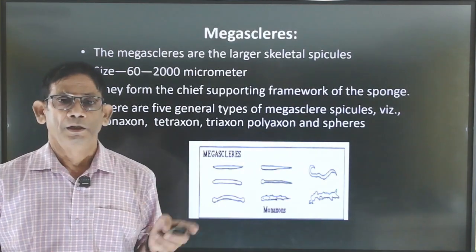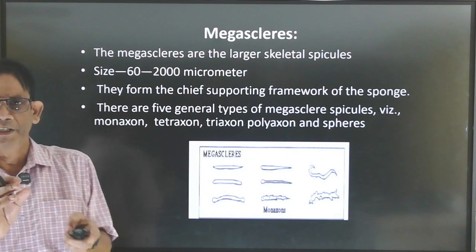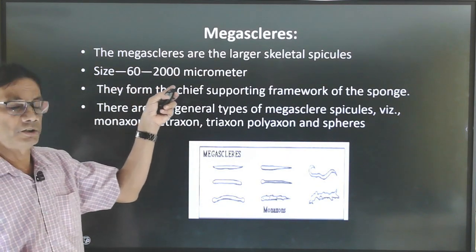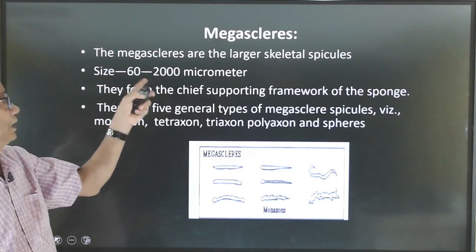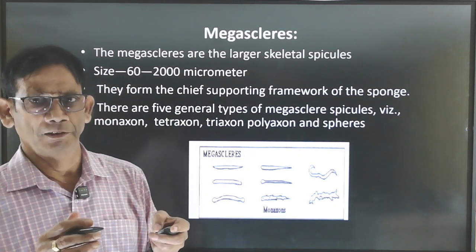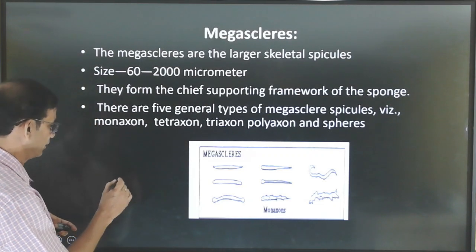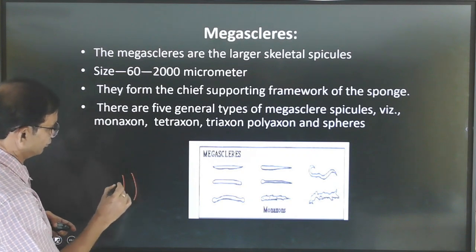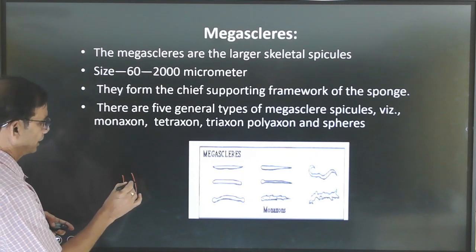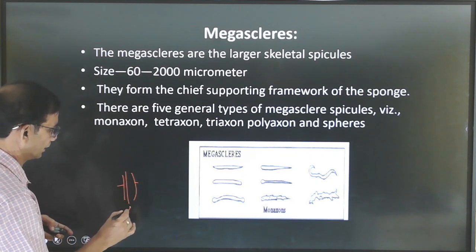Now, what is megasclera? As the name indicates, it is larger in size, 60 to 2000 micrometers, and it is a larger skeletal structure which helps in skeletal formation. The sponge body is made up of two layers, outer and inner, and within them the middle layer is called mesenchyme.